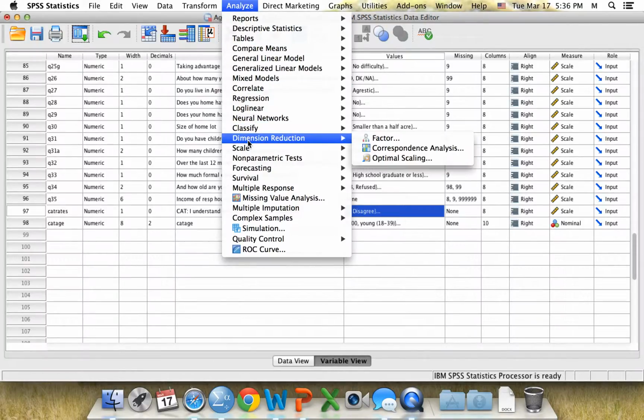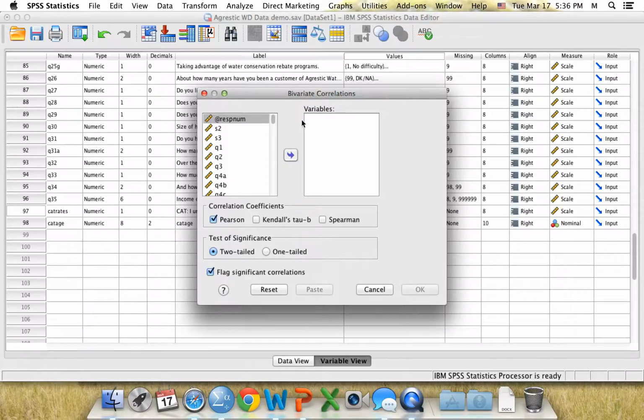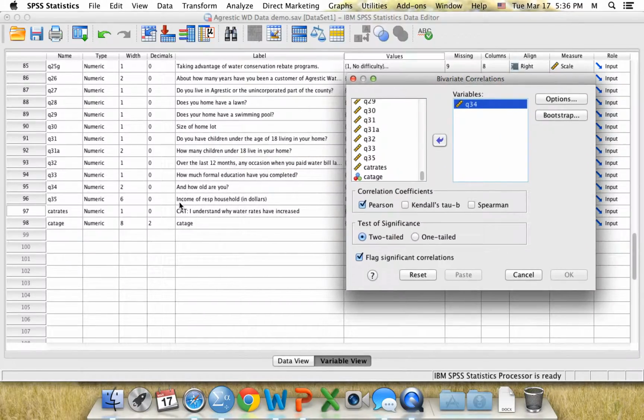So I go to Correlate, Bivariate, and I select Q34, which is age, and income, that's Q35. The default setting requests Pearson coefficient, so we want to keep that. The other two are for categorical correlations, so we just keep the default.